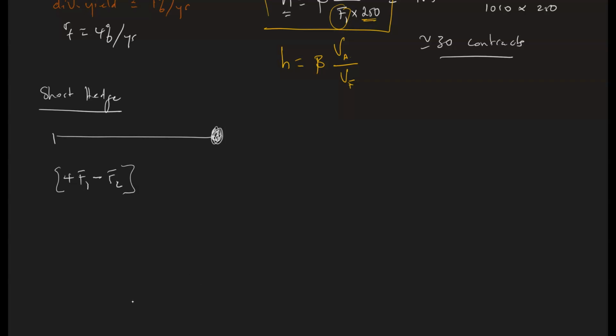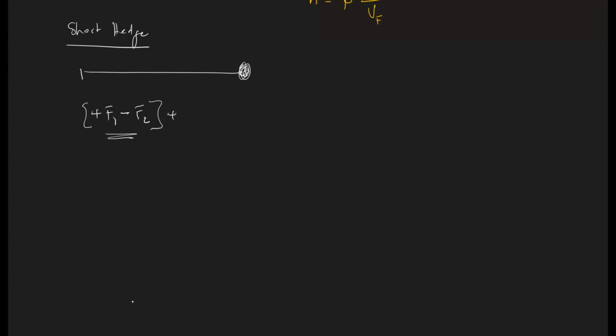We've not sold it yet because this is just closing the contract, and then we would have to sell down the line in the open market at S2. This is the outcome of our hedge.